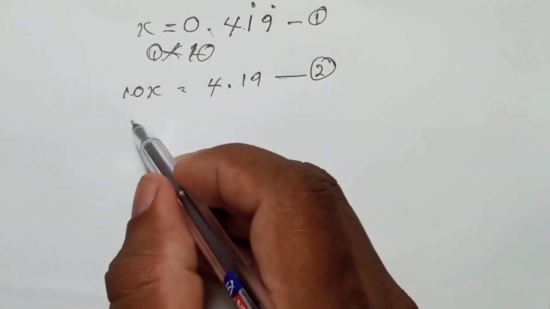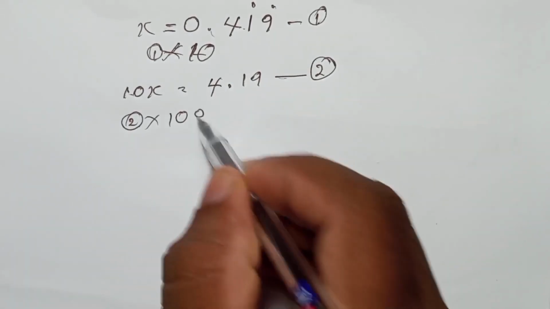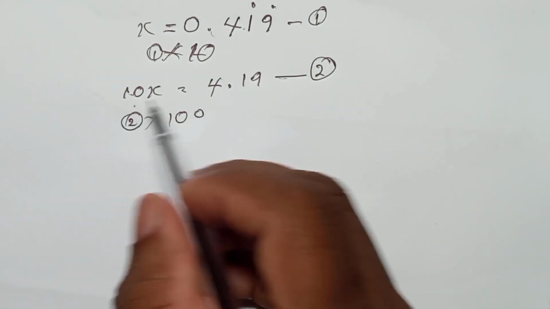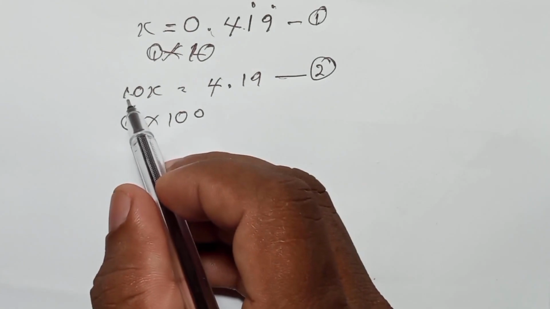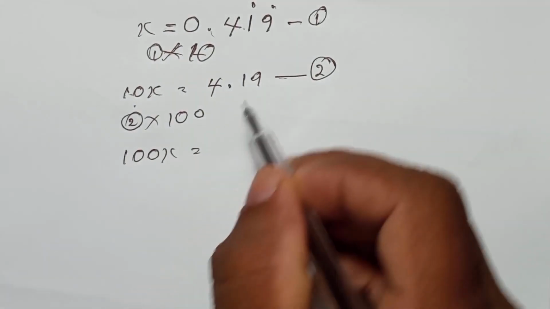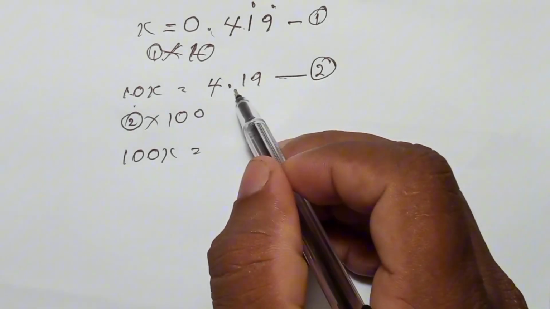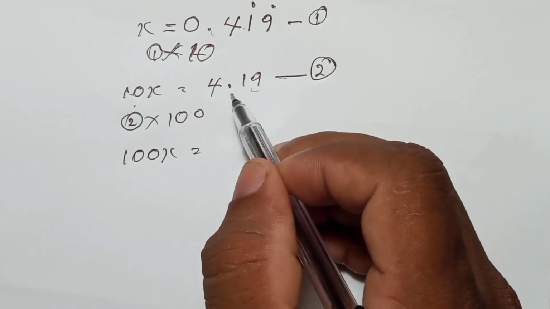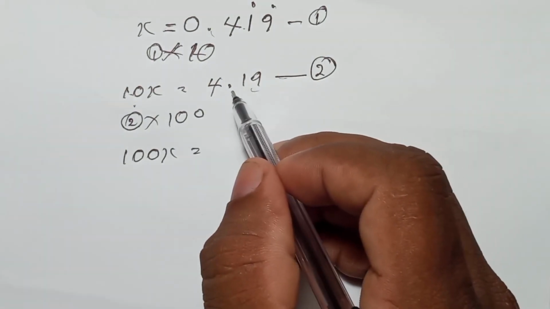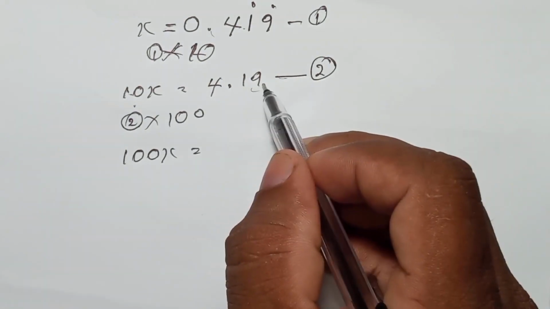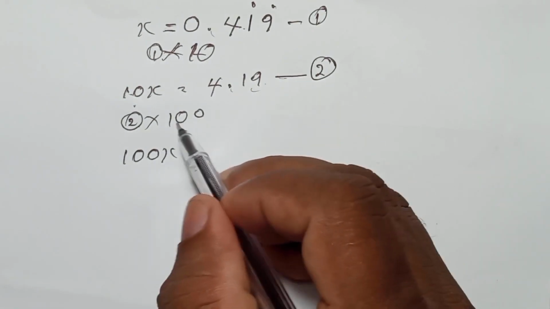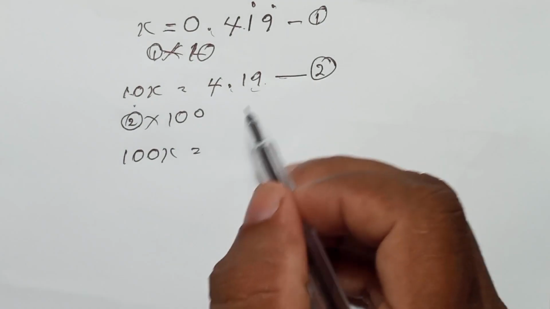So this equation 2 I will multiply by 100, right, because it has 2 digits recurring. If I multiply by 100, 10x into 100 means 1000x. On the other side, the decimal point will move twice to the right, because 100 has 2 zeros.